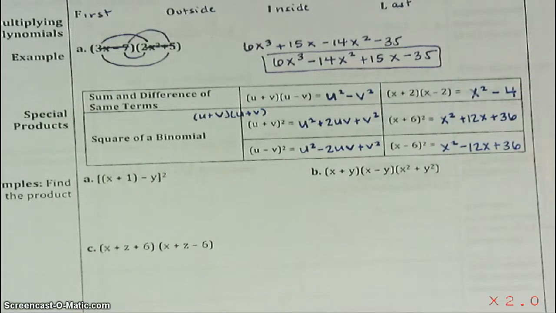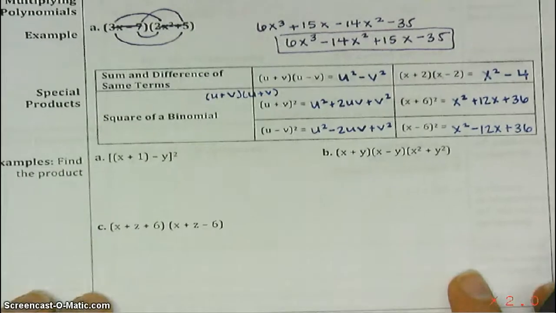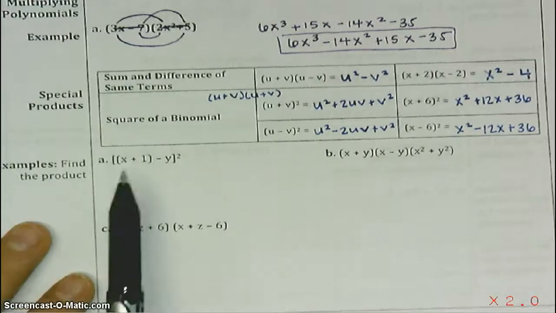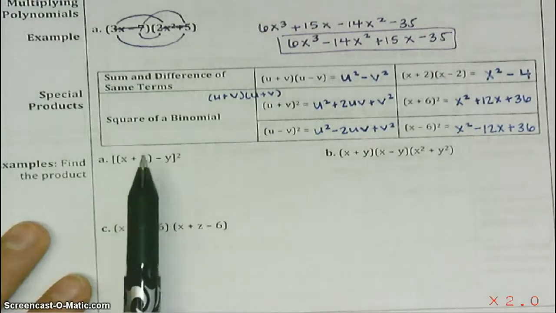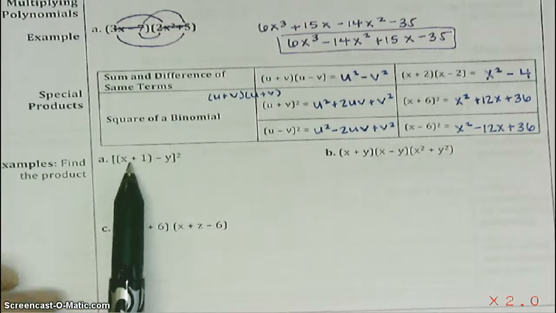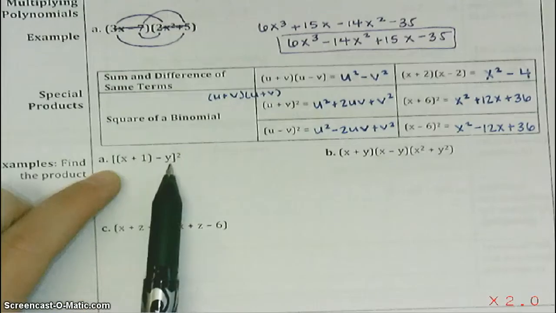What we're doing again, we're going to maybe make our polynomials, or binomials, a little bit more complicated, which is fine. Sometimes you can use substitution to kind of simplify it so that you can see what special product you are going to do. For example, when you look at this first binomial, you have this x plus 1 as a whole quantity minus y.